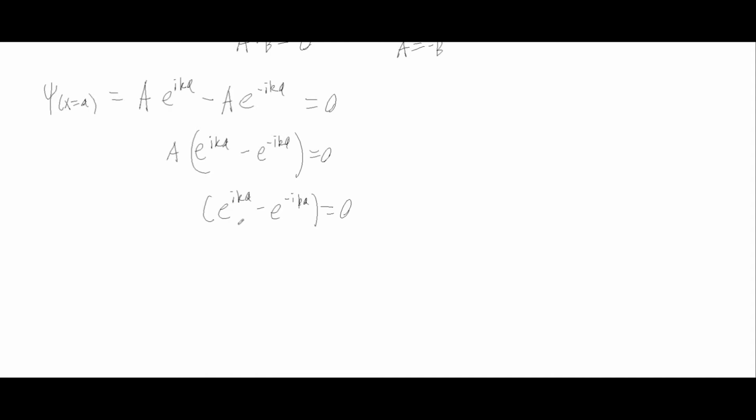All right, and from here we take the inverse Euler identity for sine, so that is sine of x is equal to e to the i x minus e to the minus i x, over 2i.